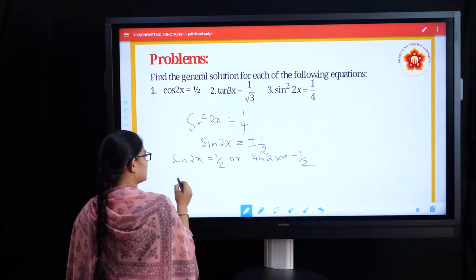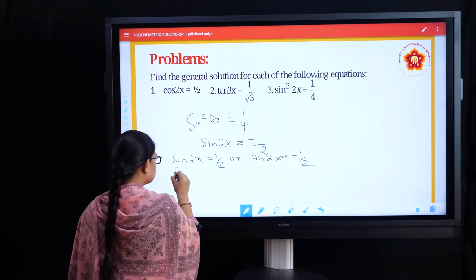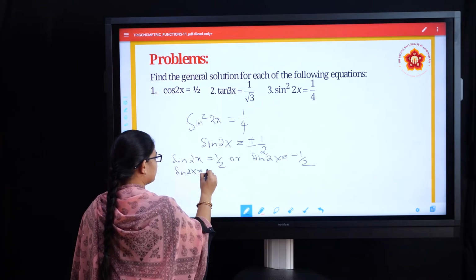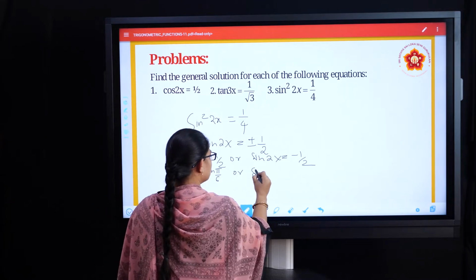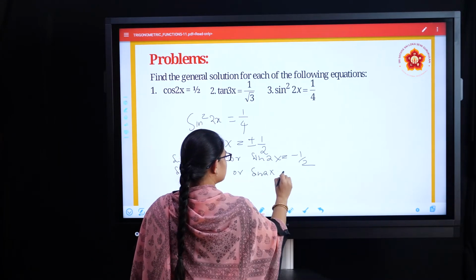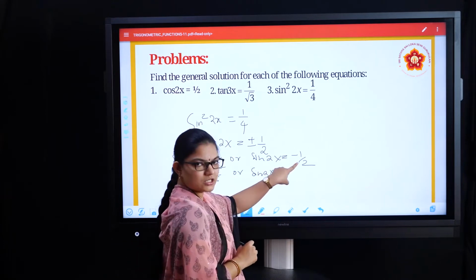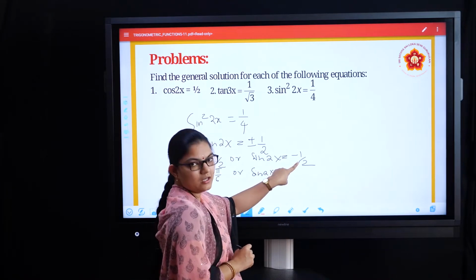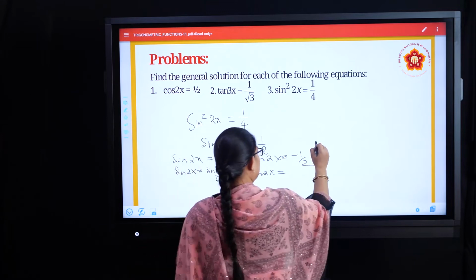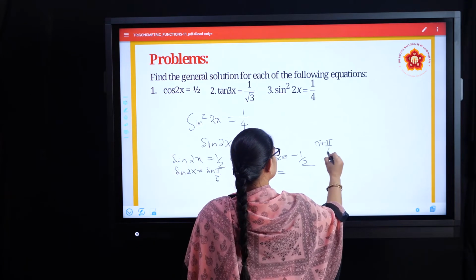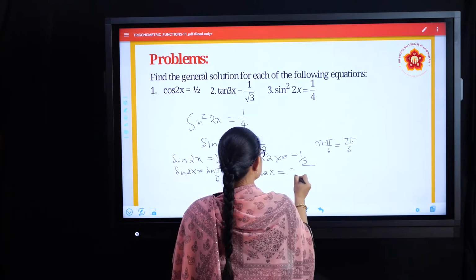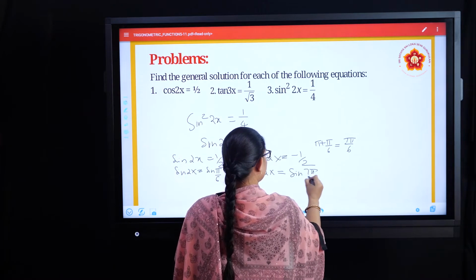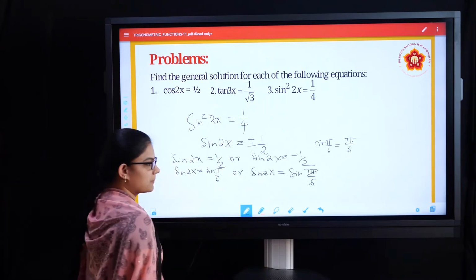So sin 2x is equal to half, what we can do? Half we can write as sin pi by 6, or here sin 2x is equal to, so pi by 6 in third quadrant we can find it for the negative angle. So negative angle pi plus pi by 6, which is equal to 7 pi by 6. So we can write that as sin 7 pi by 6.